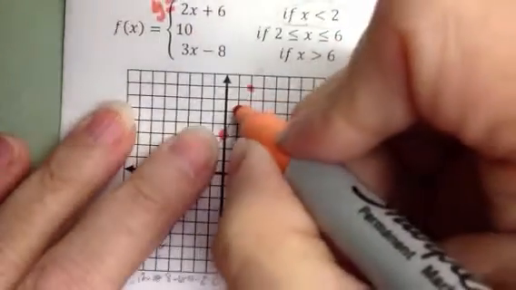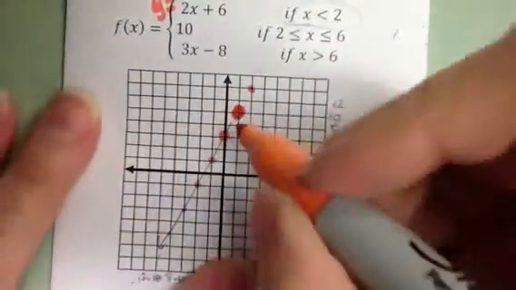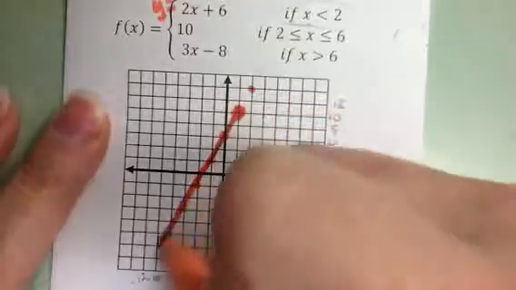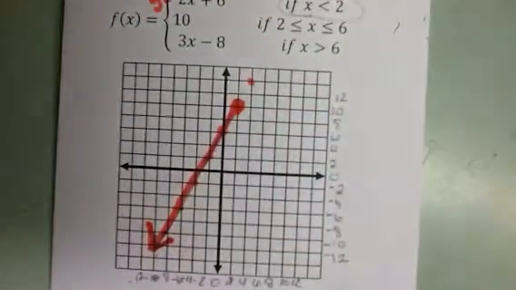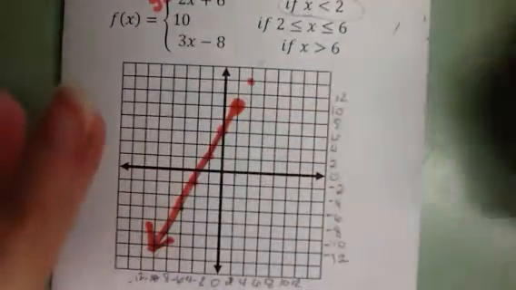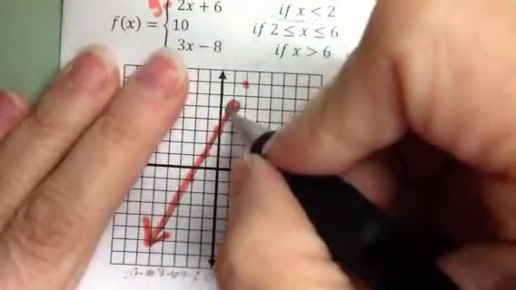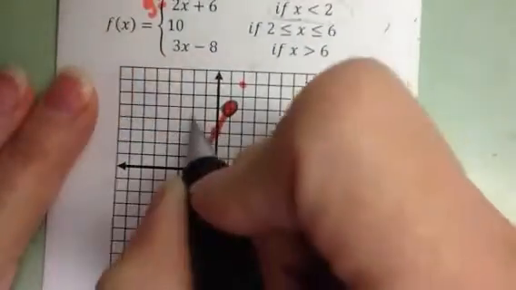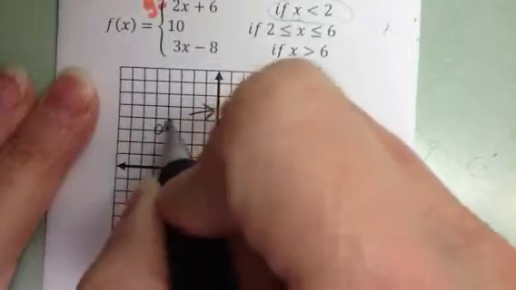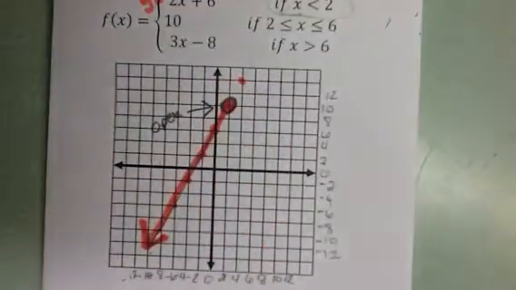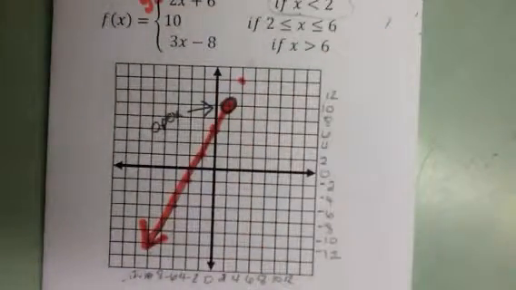But this dot is supposed to be an open circle. And then we're going to keep this part of the line. Okay, so remember, this is supposed to be an open circle. It won't matter here in a minute, but for now, that's supposed to be an open circle.